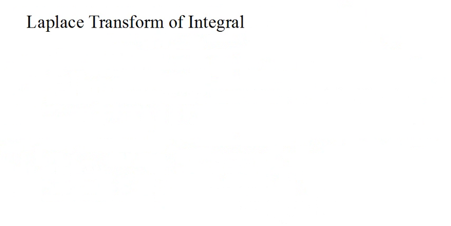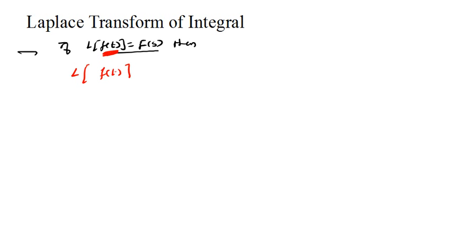Again, if L of f of t is equal to f of s, then if you take the integral over this f of t, this is your function f of t, and if you take integration over this f of t under the limit 0 to t, dt, then what will change on the RHS?